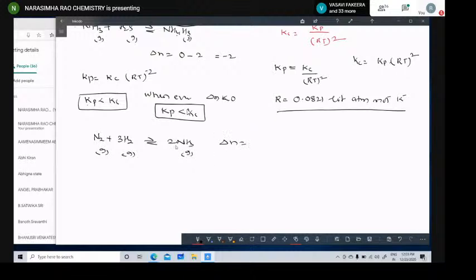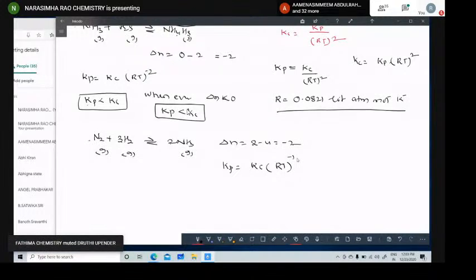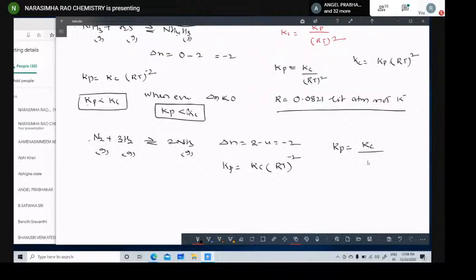For this reaction, delta n is equal to 2 minus 4, which is minus 2. Now Kp is equal to Kc (RT) whole power delta n, that is minus 2. This is Kp is equal to Kc by (RT) square.